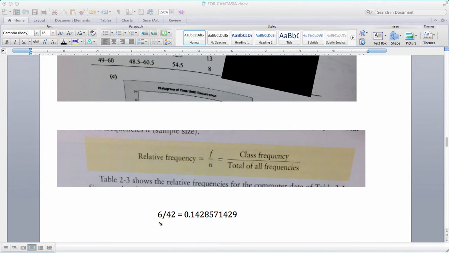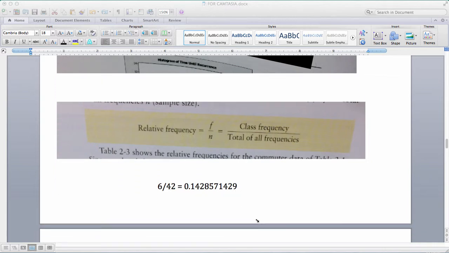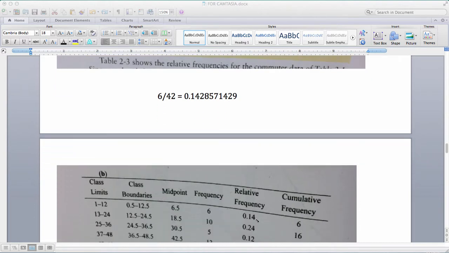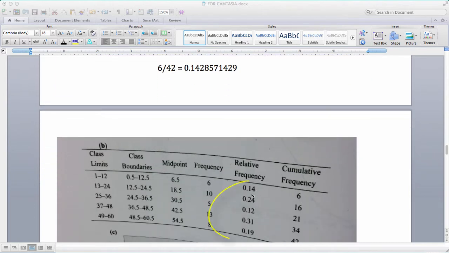In this case, it's 6 divided by 42, because there are 42 values or data in this problem. When we divide this, it becomes 0.14285, etc. We'll just round it and leave it at 0.14. And then you're going to do that for each of the different class limits. So there's our relative frequency for each of these limits.